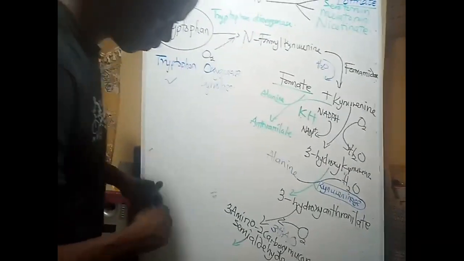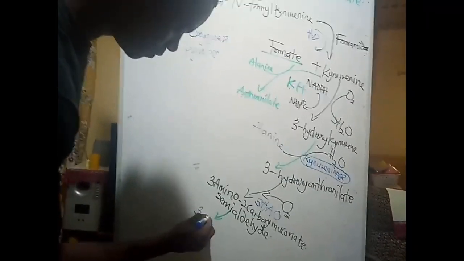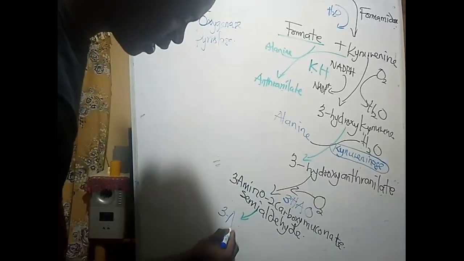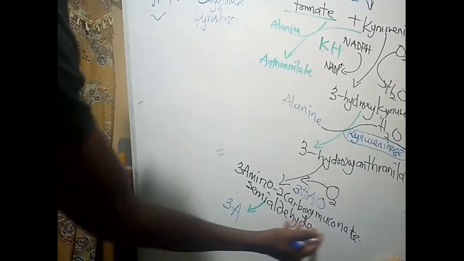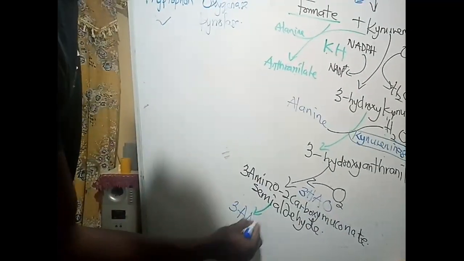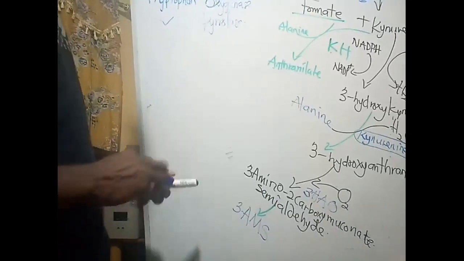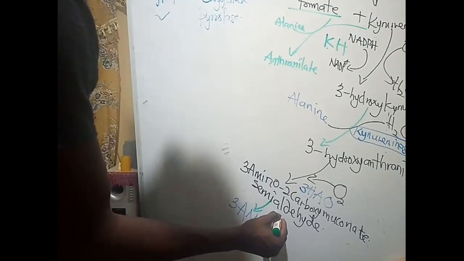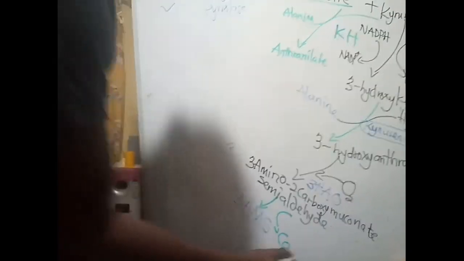Now, this is further converted to 3-amino, let me just write the short form, 3-amino, this time around no carboxy, muconate semialdehyde. Now the enzyme that catalyzes this reaction. Now this reaction requires carbon dioxide going out.